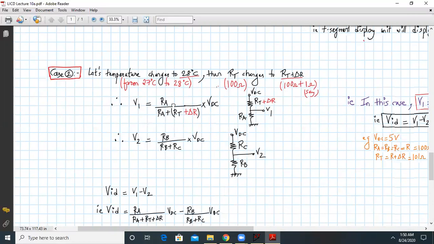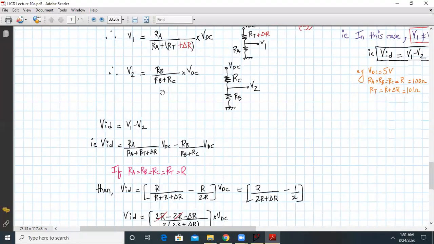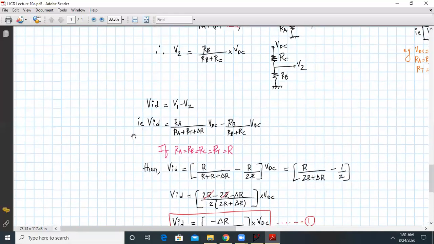Mathematically, what does it indicate? V1 becomes RA upon RA plus RT plus delta R into VDC, because now this resistive transducer will change its resistance by plus delta R. It slightly increases, and V2 will be as before. So if we subtract V1 minus V2, it won't be the same. In fact, it will be different.